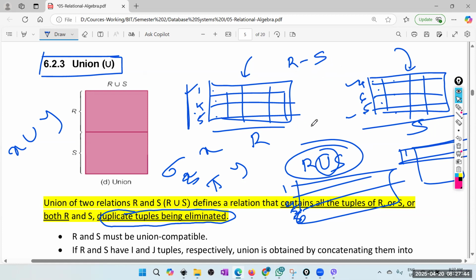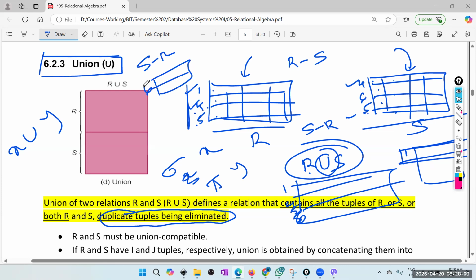Then what about S minus R? S minus R may be different from R minus S. But here R union S is the same as S union R. But here R minus S and S minus R are different. So 4 is here, 4 is here. Therefore, you don't take 4. Now I'm interested in S minus R. 4 is not taken. 6, yes, 6 is here but not here. So 6 is in the result. 5 is here, 5 is here.